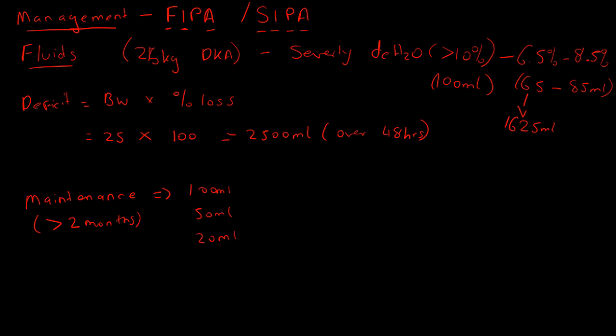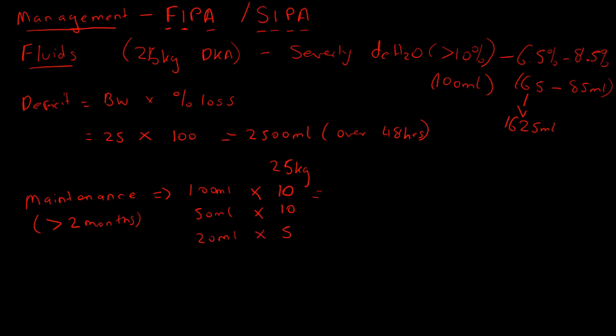So if we get this 25 kg, we can actually divide this 25 kg into multiples of 10. We have the first 10, we have the second 10, meaning that 10 plus 10 is 20. 25 minus 20 is 5, so we remain with 5. So 10, 10, 5. The first 100 mils, we multiply that by 10 kg. The next 50 mils, we multiply that by the next 10 kg, and the remaining 5, we multiply that by 20.